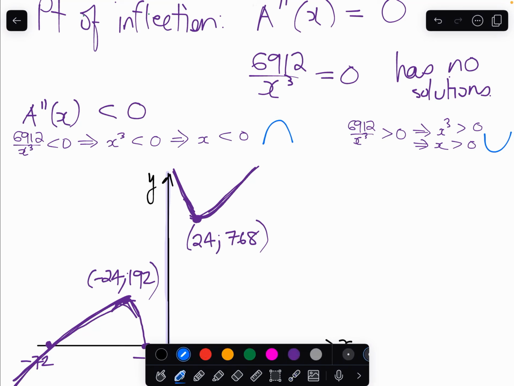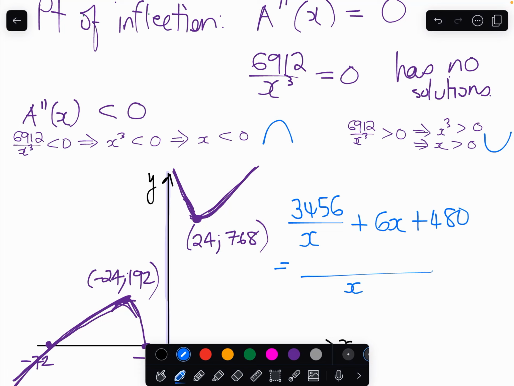So let's look at this function again. It looks like this. And we want to see, are there any outputs that it does not generate? So let me just rewrite this as a fraction. We've done this before.